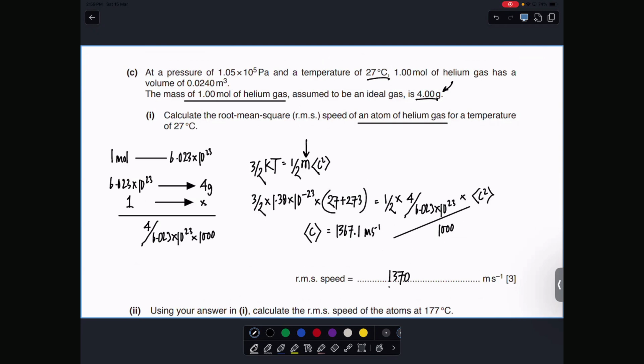Don't use 4. Yeah, 1.66 into 10 to the power minus 27. No, it's 1.66 into 10 to the minus 27.